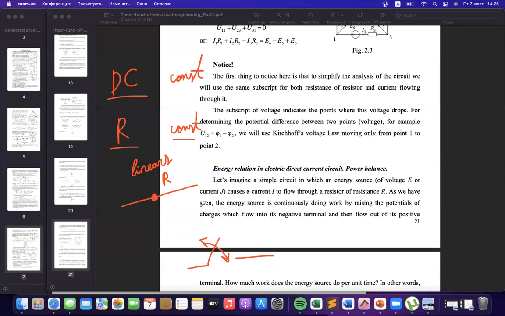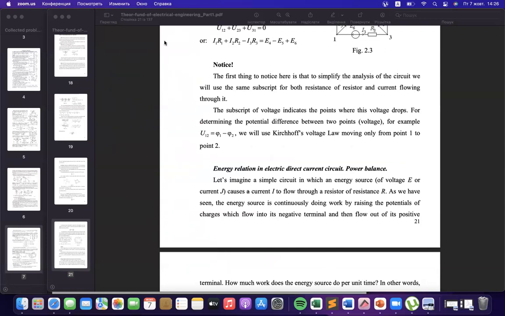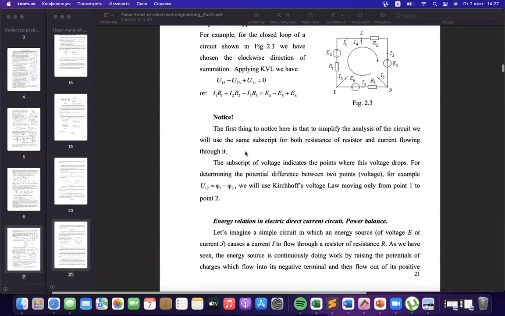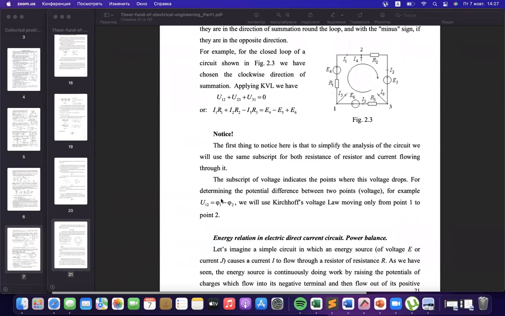This is our basic assumption, and it is called direct current linear electrical circuits. Such approximations determine our mathematics, and all the mathematics that we use is grounded on our assumptions. That is why I pay such attention to these basic points.